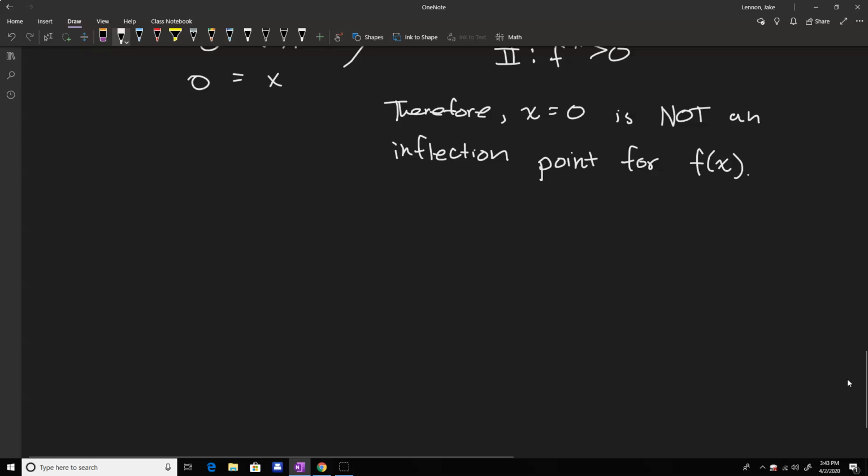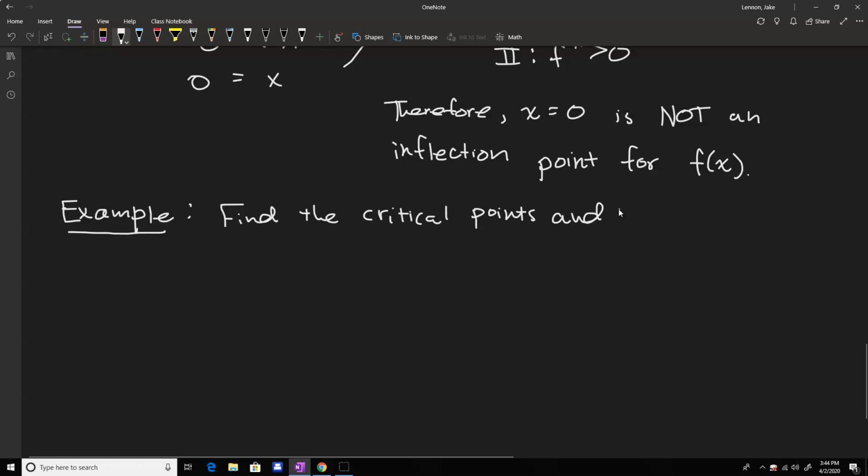points and inflection points. So another function to look at that maybe requires some additional derivative skills. So let's say find the critical point and inflection points for f of x equals 2x times e to the minus x.